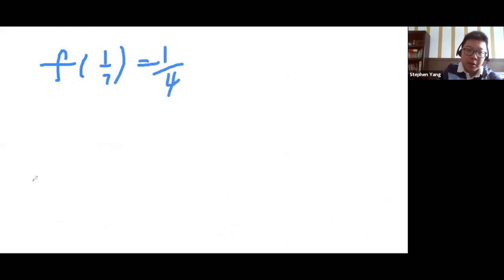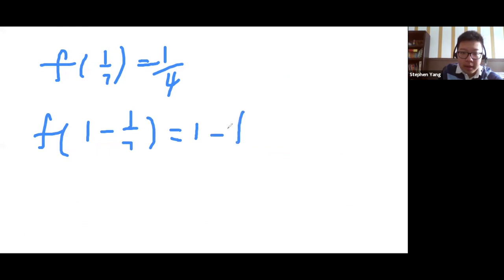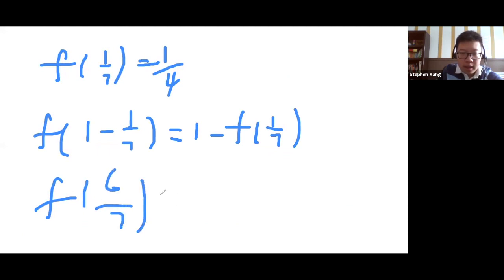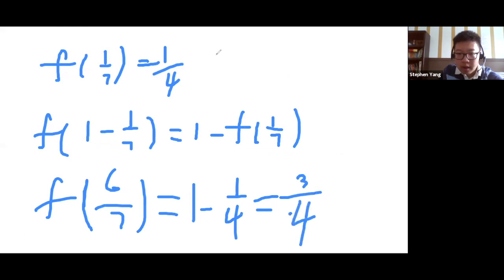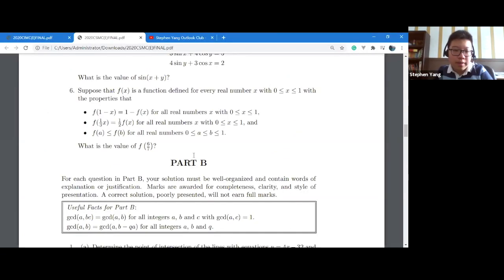Then f of 1 minus 1/7 is equal to 1 minus f of 1/7, which means f of 6/7 is equal to 1 minus 1/4, which is 3/4. And we have found our answer of f of 6/7, which is 3/4.